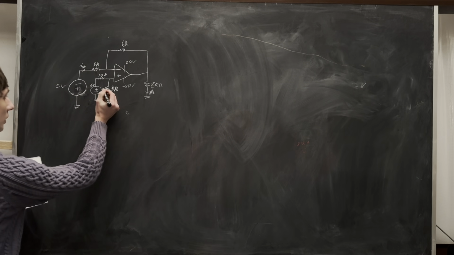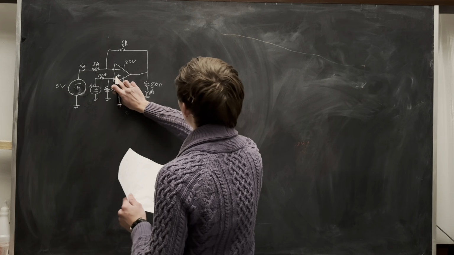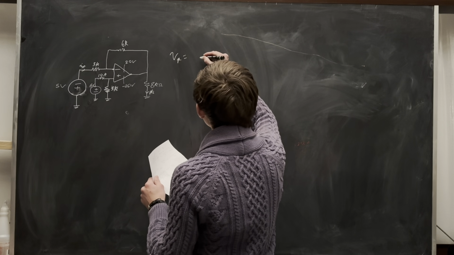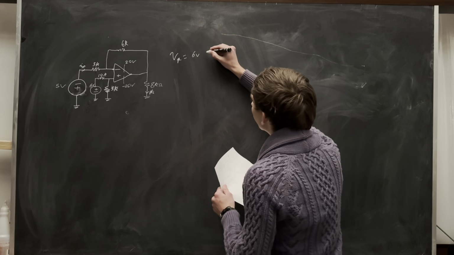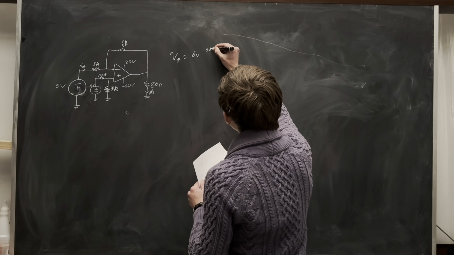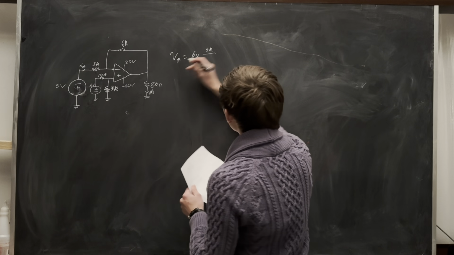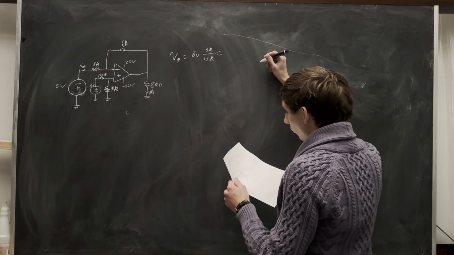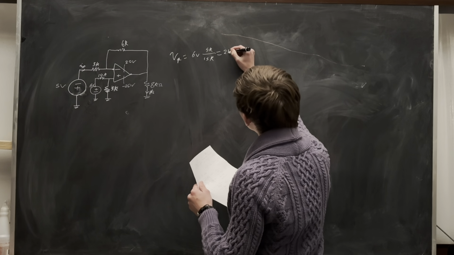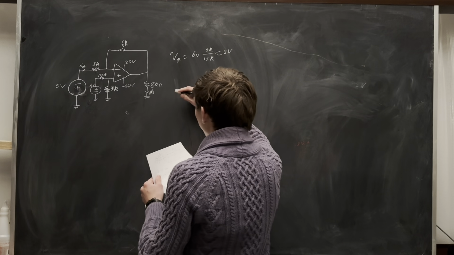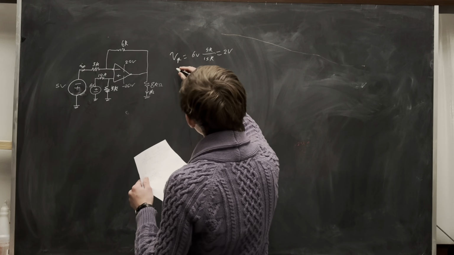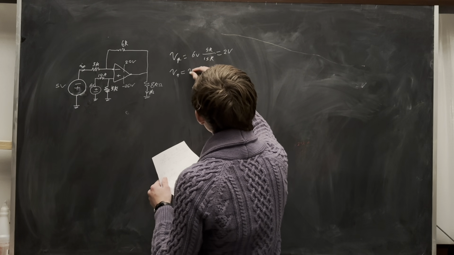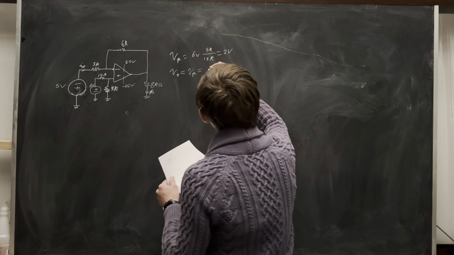You can see there's a voltage divider here, so V positive is just going to be 6 volts times 5 kilo ohms over the series combination of them, 15 kilo ohms. That is 2 volts. If we assume the op amp is ideal, which we usually do, then Vn is the same as Vp, 2 volts.